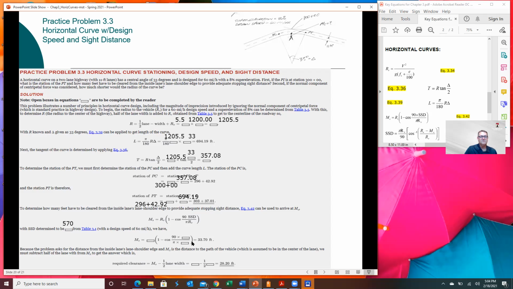So you put that into equation 3.42, and remember, this is R sub V, so it goes to 1200, not 1205.5, and then you put 570 here, which you got from table 3.1, and you end up with 33.7 feet. That's what MS equals.